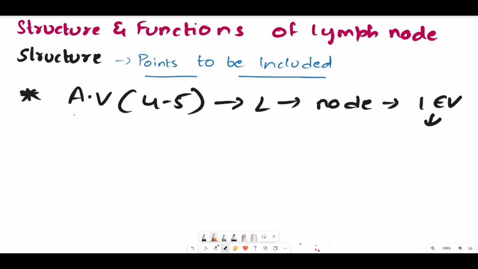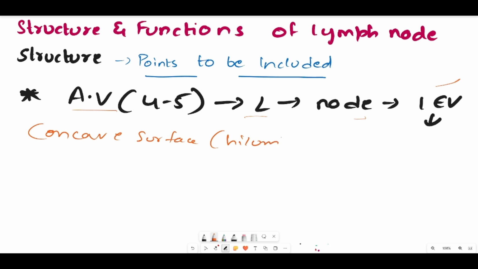Almost 4 to 5 afferent vessels will be present in one lymph node, passing the lymph into the node, and only one efferent vessel is responsible for draining the lymph away from that node. It also has a concave surface, which we call the hilum.